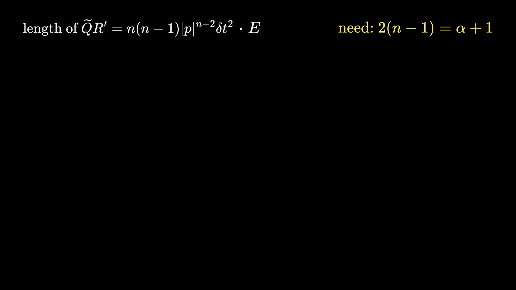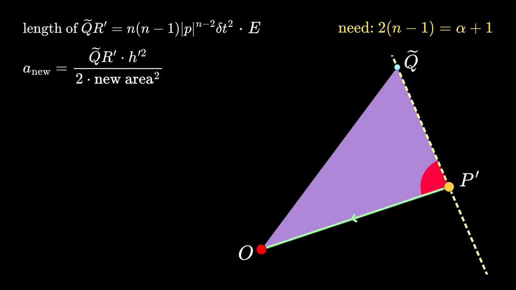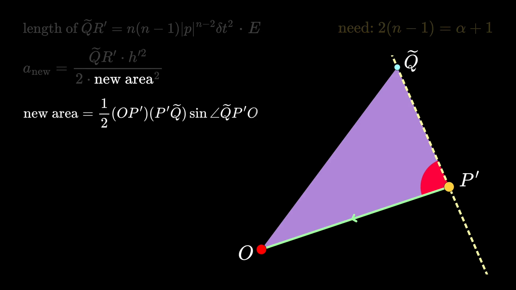The final thing to compute for the new acceleration will be the new area bounded by O, P prime, and Q tilde. Similar to the previous computations, we compute the area with this formula.